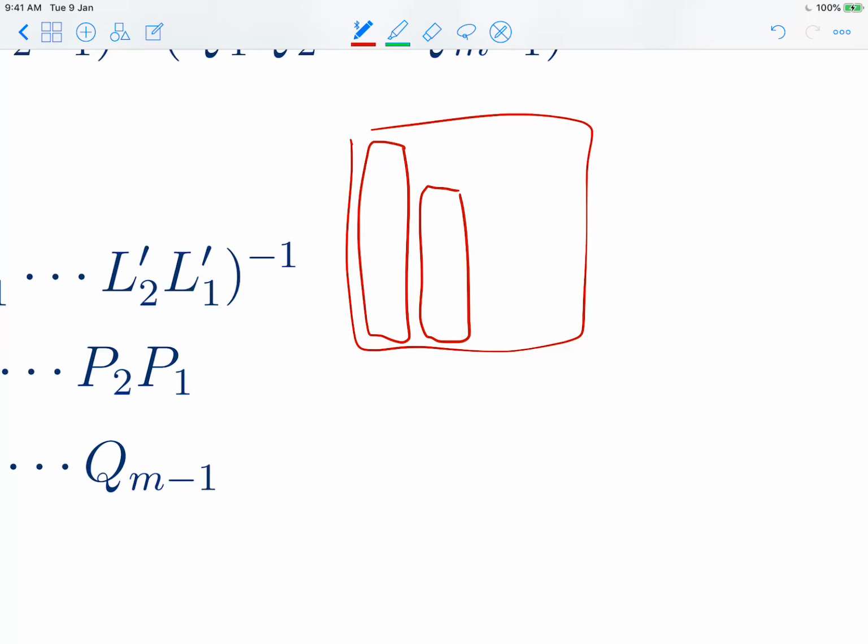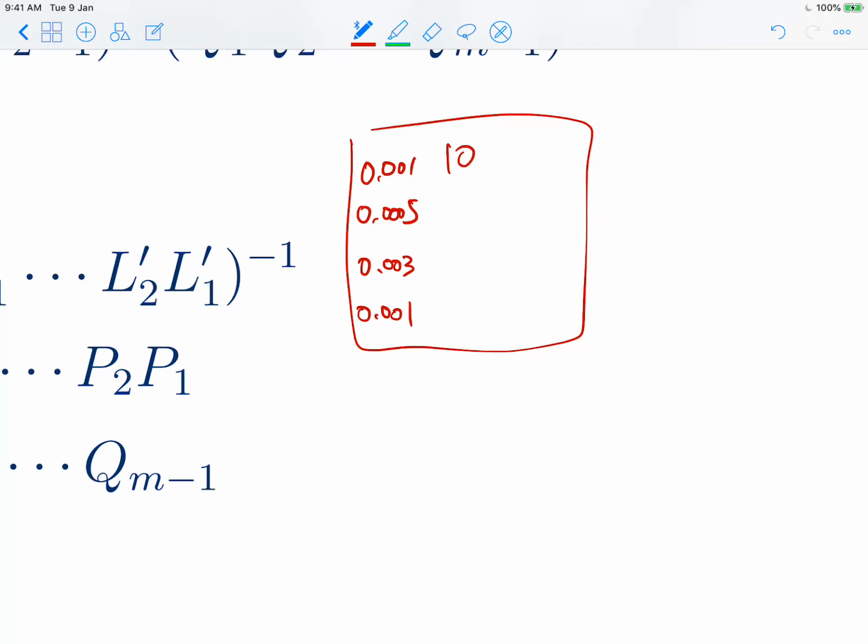But what if our matrix has a zero value along the first column, and then maybe 10, 5, 13, and negative 12, and so on.